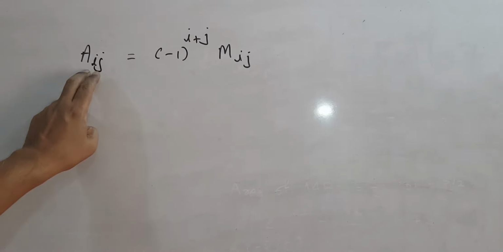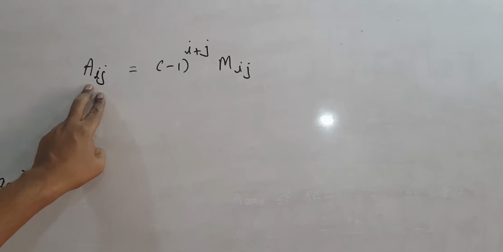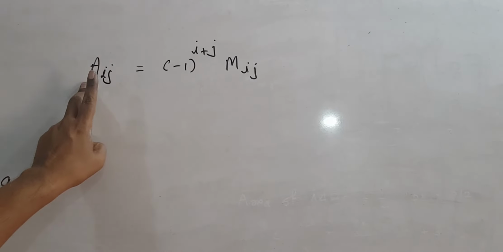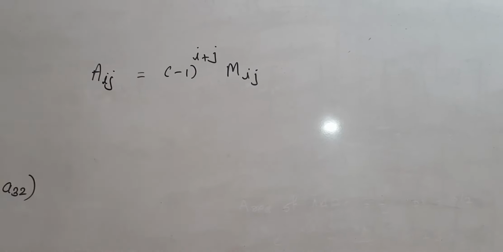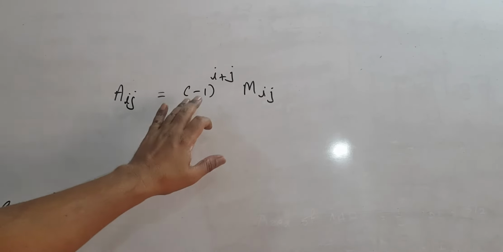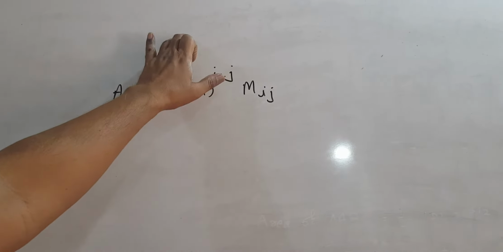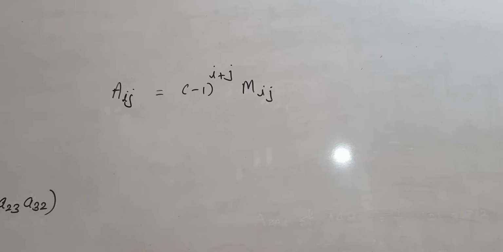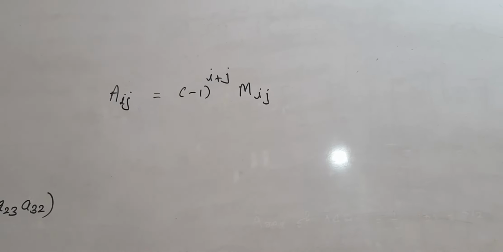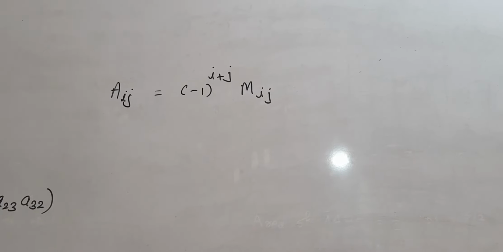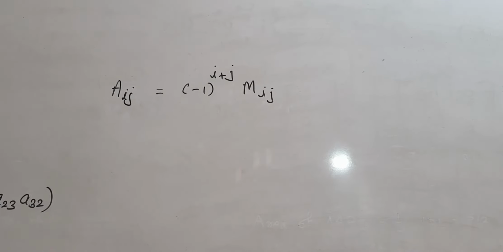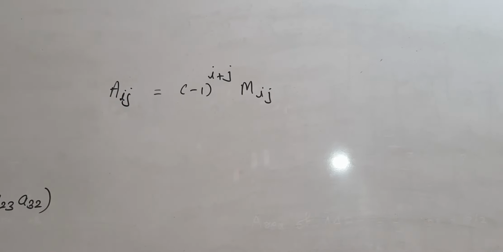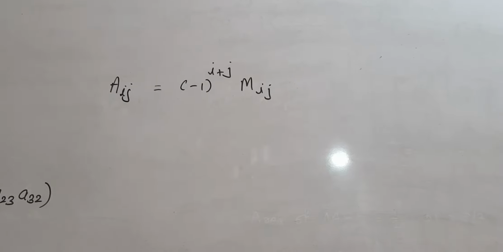I and j respectively represent the ith row and jth column. If we multiply minus 1 raised to i plus j with the respective minor, it becomes the cofactor of that element, where i is the number of the row and j is the number of the column in which that element is present.